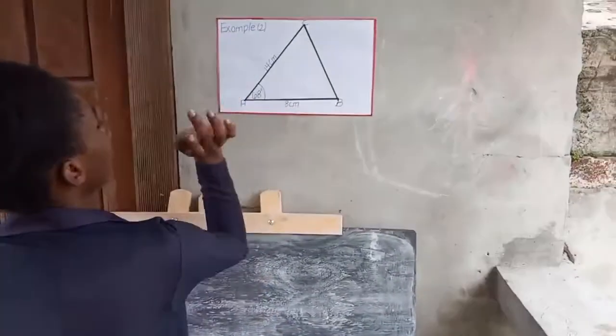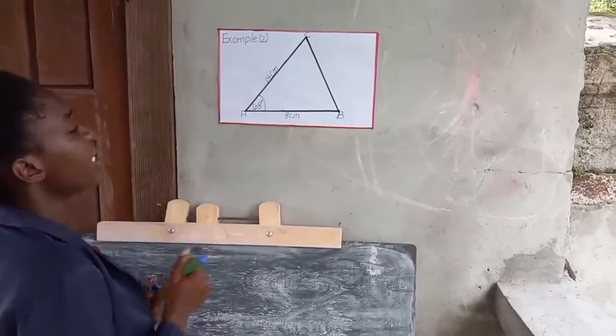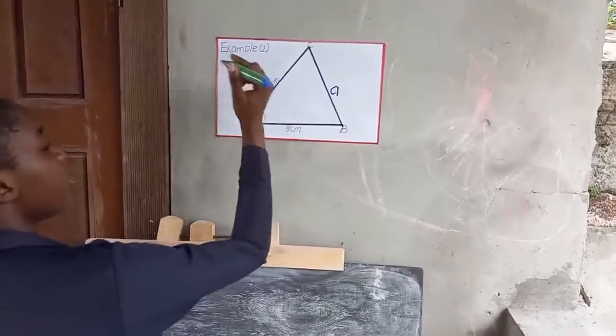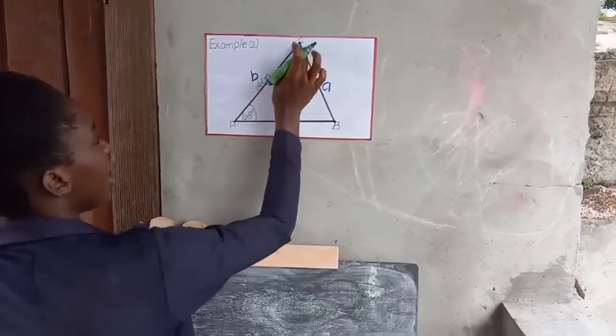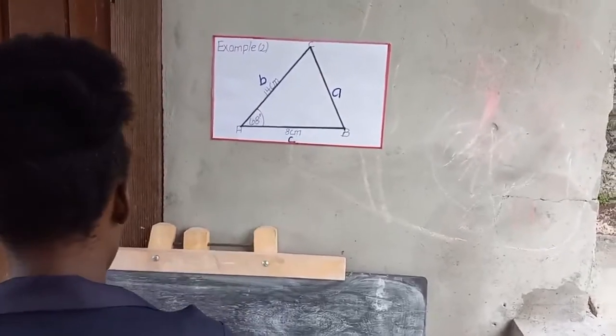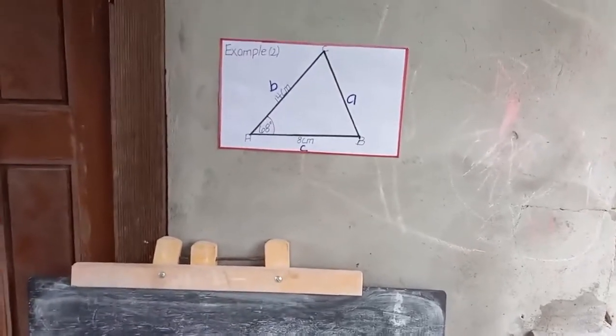Okay, so example 2. Right? Opposite A is side a. Angle B, opposite that is going to be side b, and angle C, opposite that is going to be side c. So let us go into our formula.